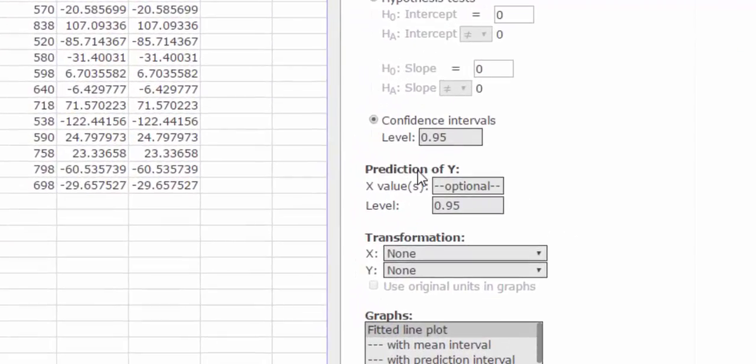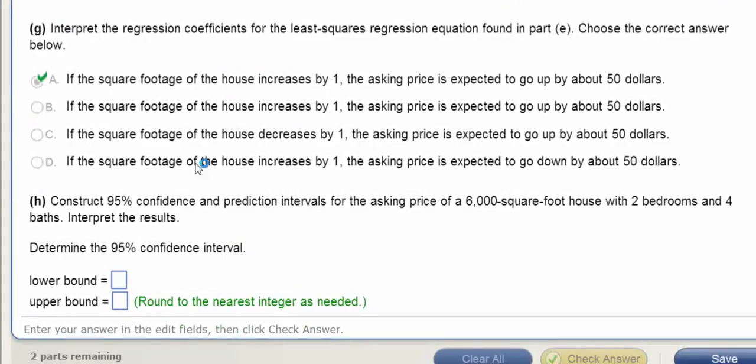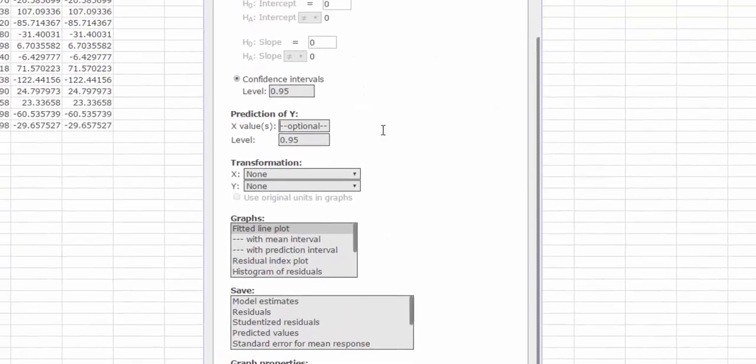And then down here it says predictions, prediction value of y, and I think we said 6,000 square foot. So I'm going to put in 6,000 for my x, and I'm going to press compute.